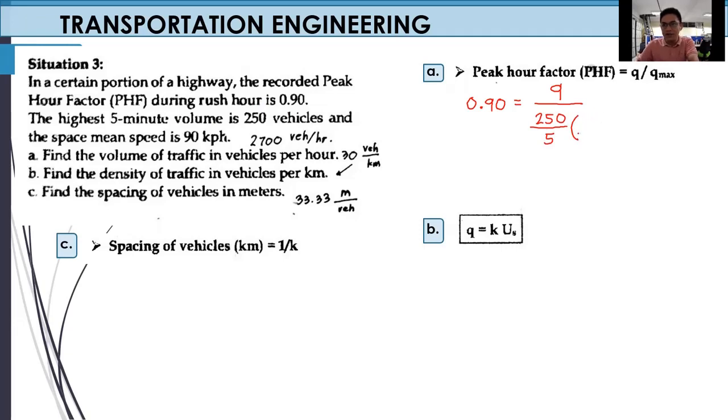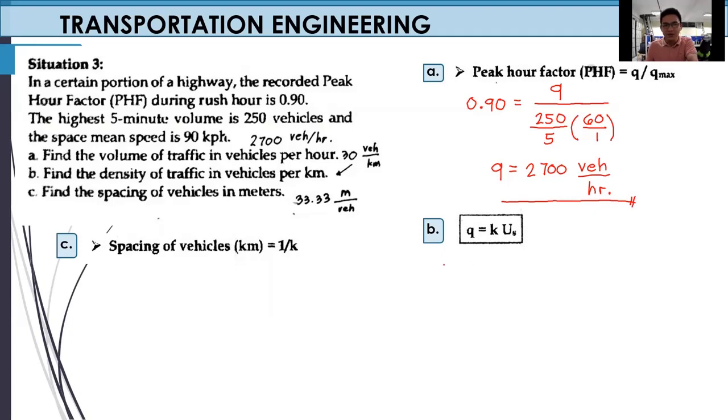So 60 minutes divided by 1, kasi in every 1 hour, we have 60 minutes. Okay? So therefore, with that one, makukuha na natin si Q. So gagamitan mo lang yan ng calculator. The answer is equivalent to 2,700 vehicles per hour. Ayan, na-convert na natin yung minutes into hours. Lagyan natin ng line, final answer.